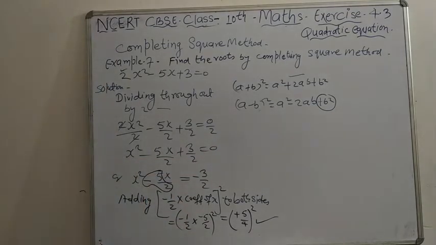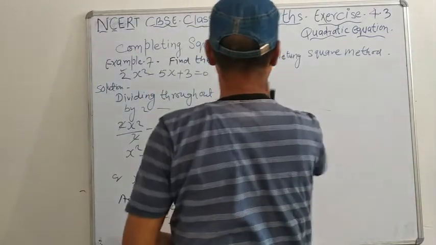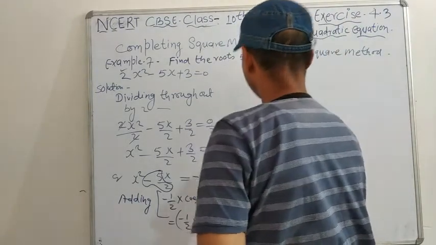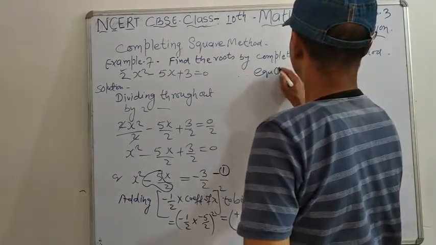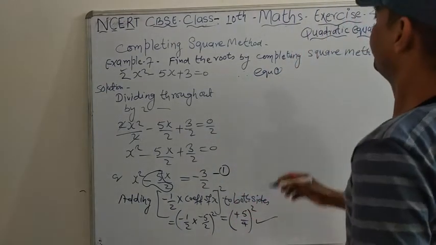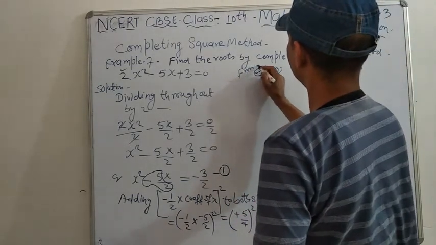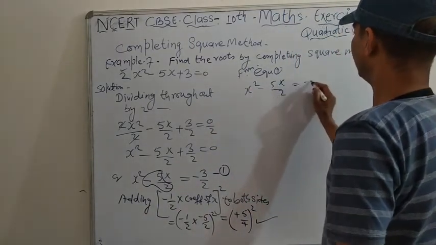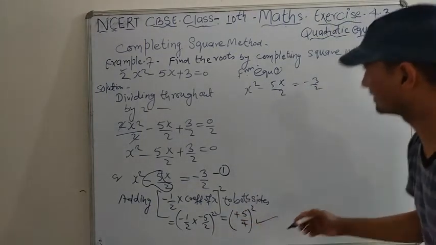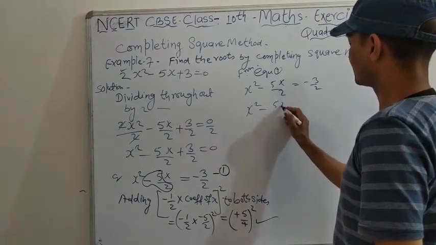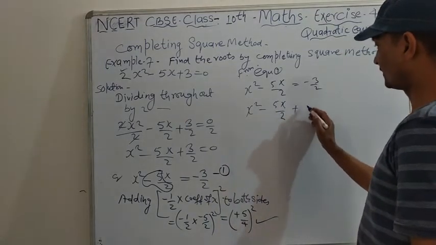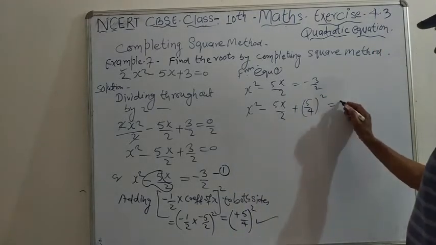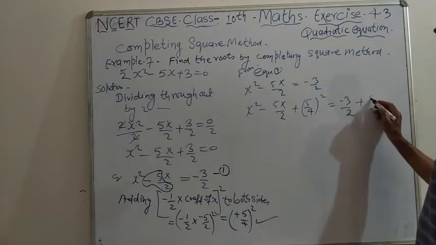Then what do we get here? Therefore, equation 1 is x square minus 5x by 2 equal to minus 3 by 2, and adding to both sides, x square minus 5x by 2 plus 5 by 4 square equals minus 3 by 2 plus 5 by 4 square.